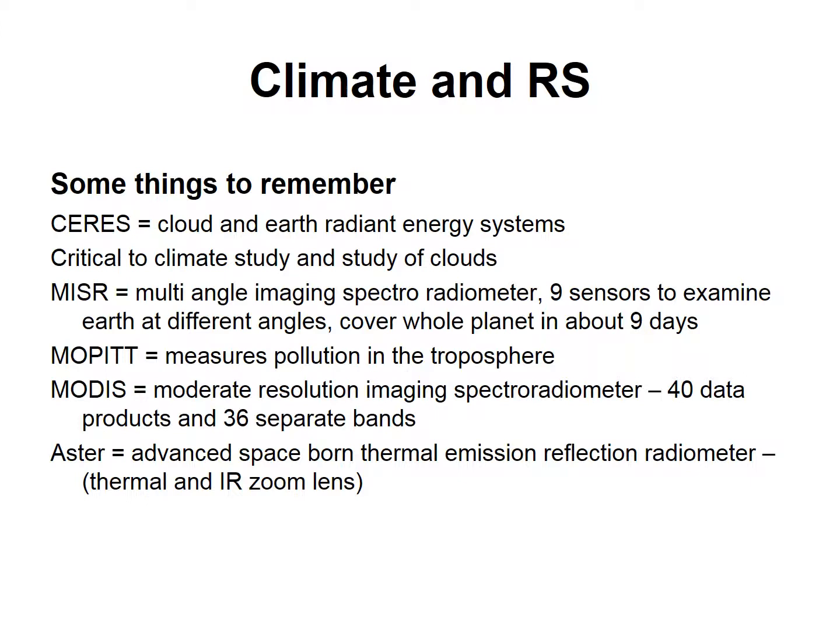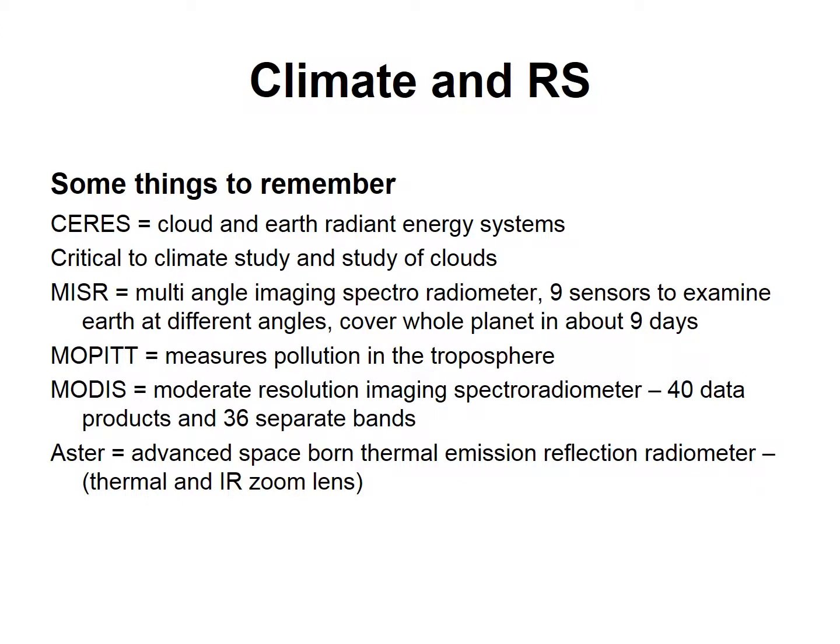The next one is the MISR, which is the Multi-Angle Imaging Spectroradiometer, and this is a group of 9 sensors that is designed to examine the Earth at different angles. And so that multi-angle turns out to be the really important part. By being able to look off to the side at different angles, not just straight down, it allows it to cover the entire planet in about 9 days.